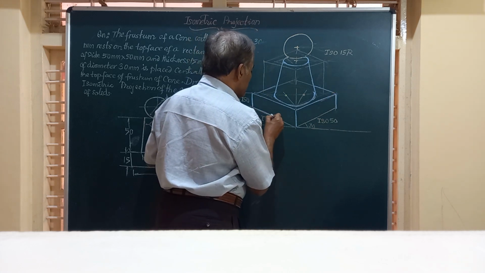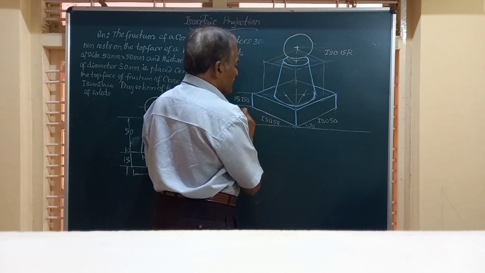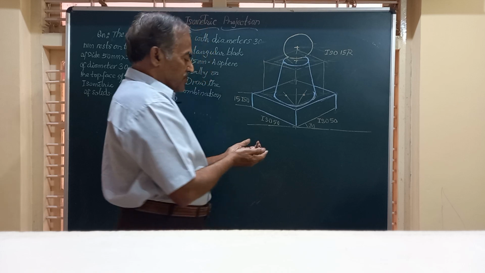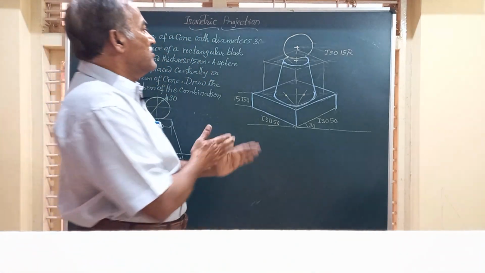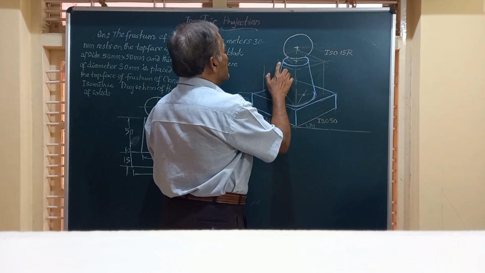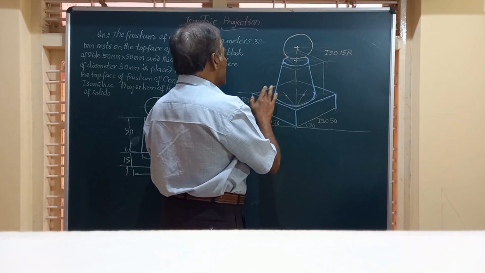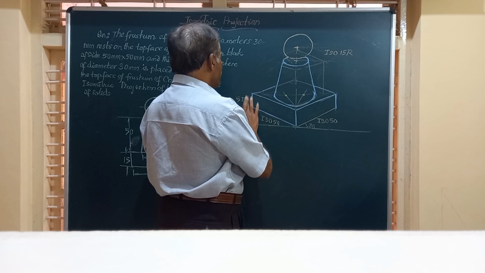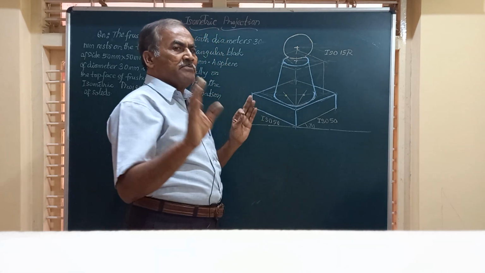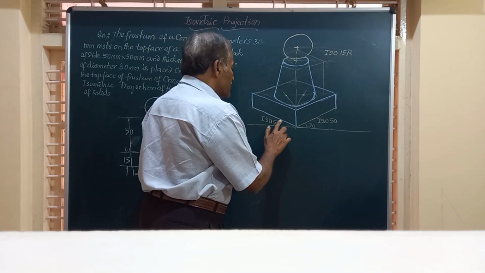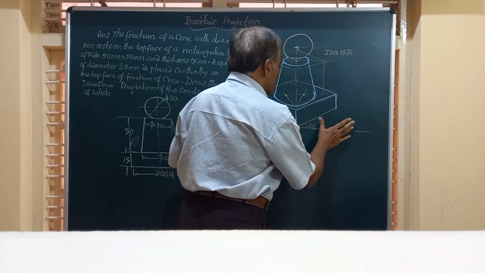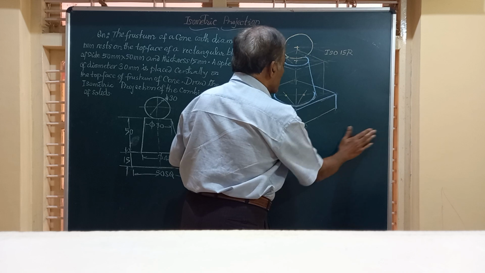And friends, here you can see we have completed this, and to make the drawing look better, we have to remove all these construction lines only after completing the figure. And in isometric projection, generally no dimensions are shown, so I have only a small length of this, and no angles are marked here.